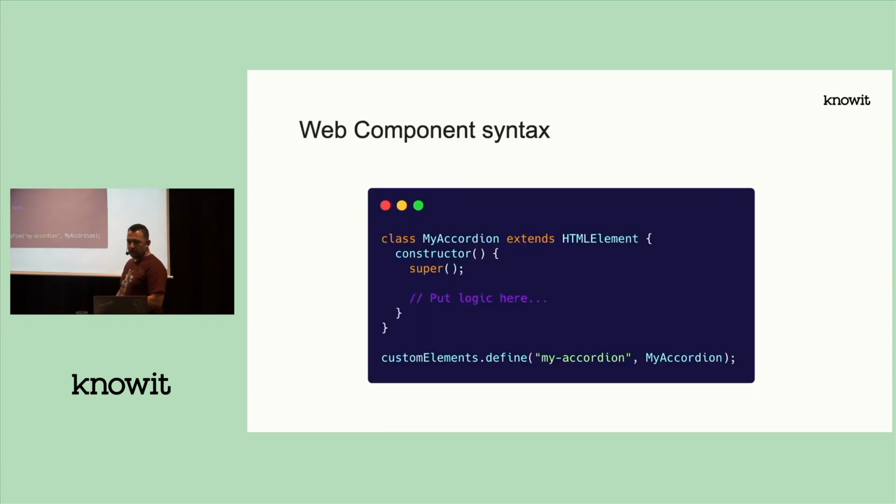So a web component could look something like this, without the logic, of course. You have this class that extends the HTMLElement, and then you have a constructor, and then you have the definition of it, where you give it the tag name and then send in the class. So this is basically it, a really simple example.